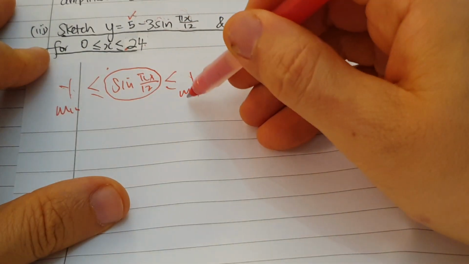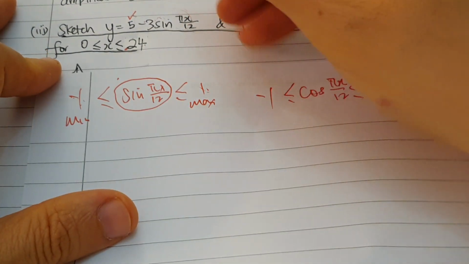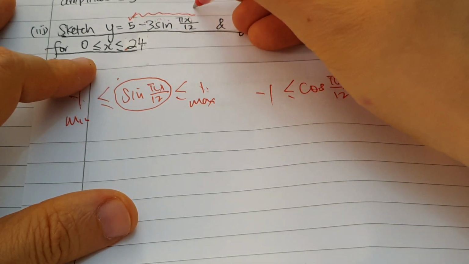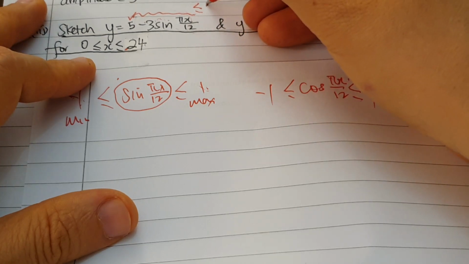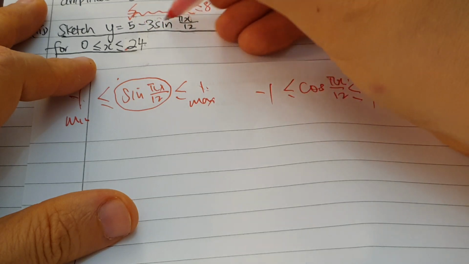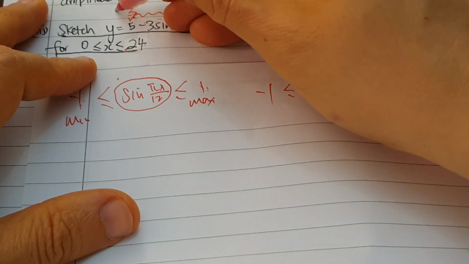Now that I know, this one, the maximum is 8, and the minimum is when this is 1, so it's 5 minus 3, so it's 2.